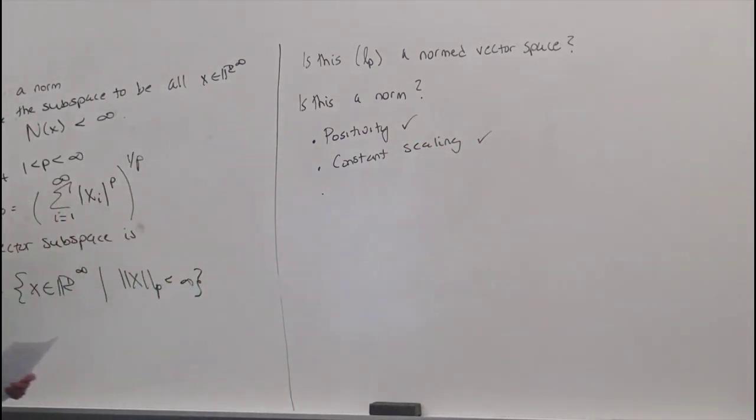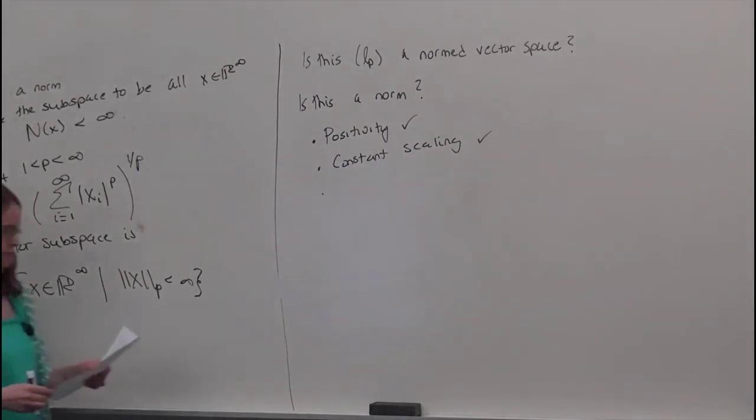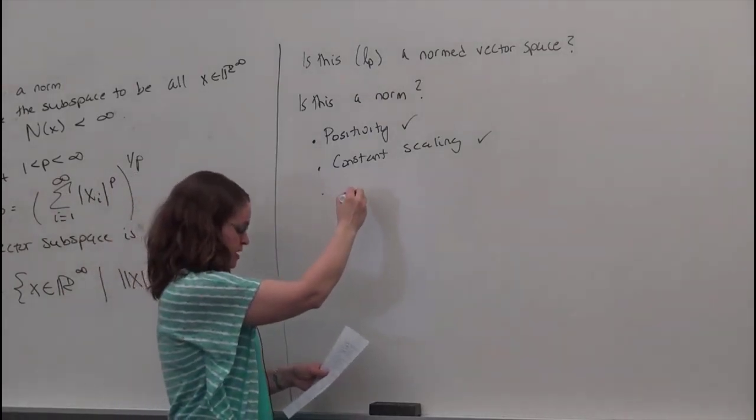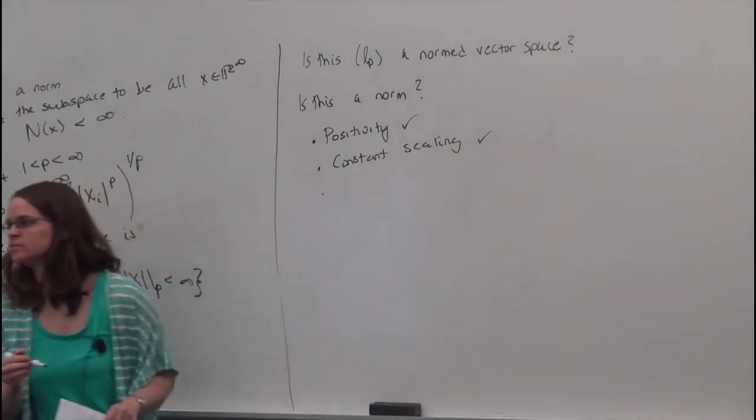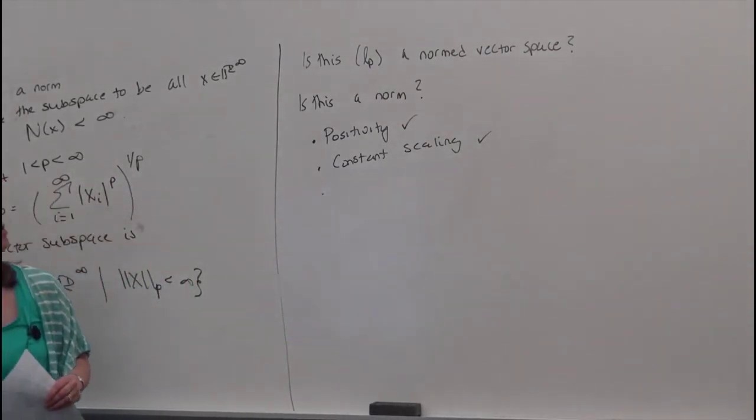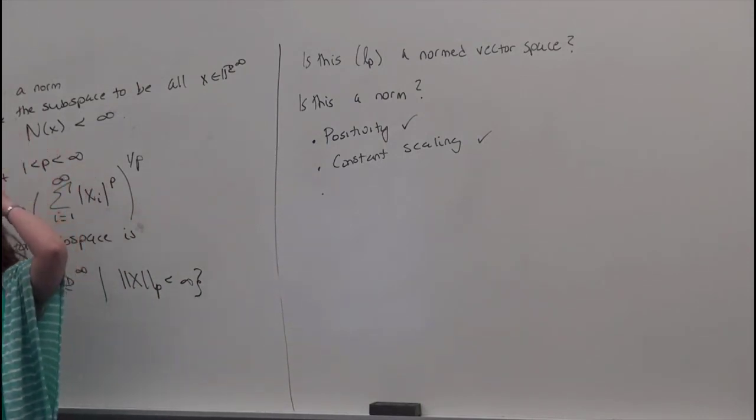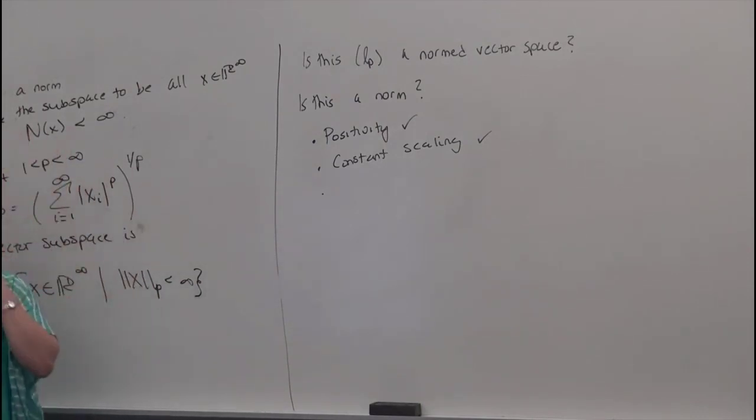Let's do the third property, this triangle inequality. And here I want to write this out explicitly because this will be useful in a second when we check the other part of the question, is it actually a vector space?